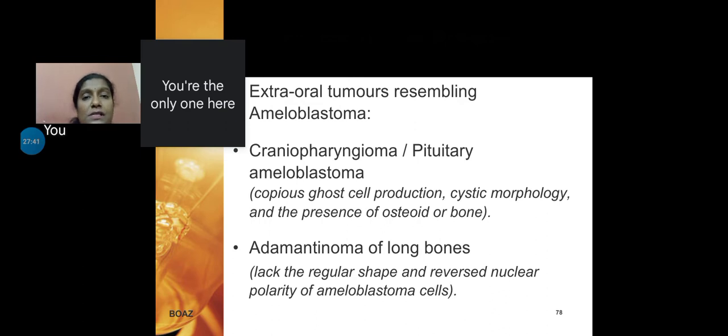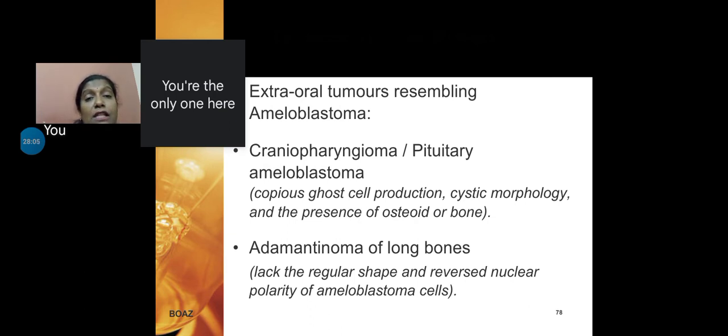Extraoral tumors resembling ameloblastoma can be found elsewhere in the body, especially in two common sites: Rathke's pouch tumor or craniopharyngioma, where the lesions tend to affect the pituitary gland. What are the features there? Copious amounts of ghost cell production, cystic morphology, and presence of osteoid and bone.